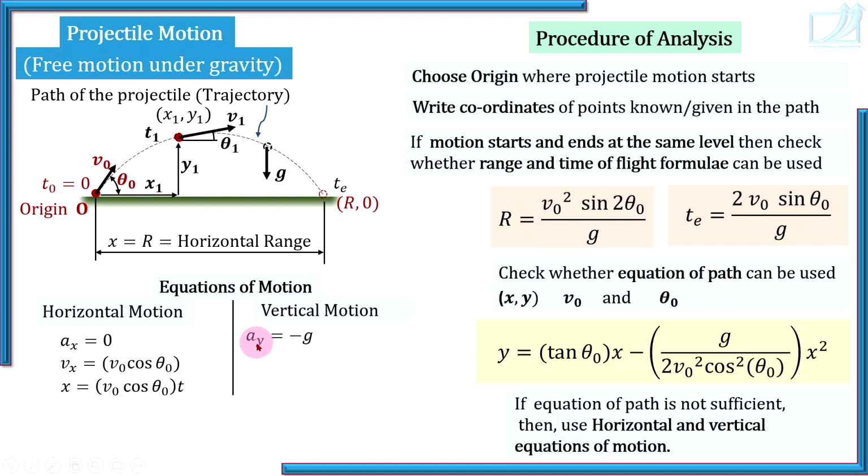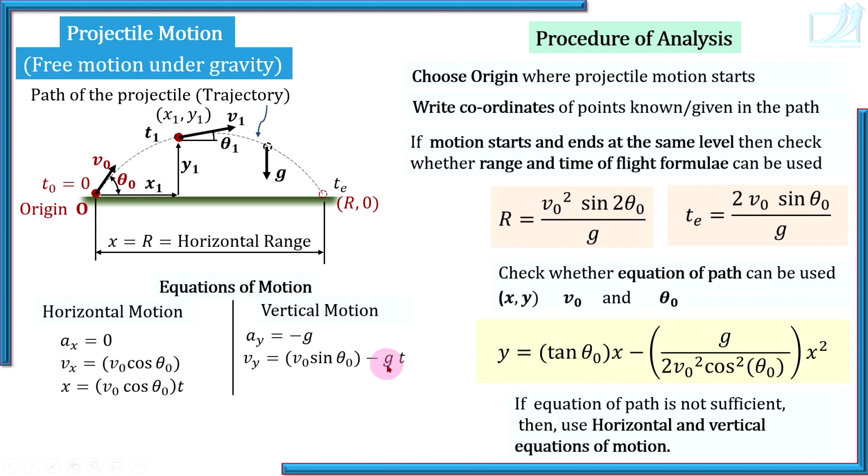Similarly here, ay is minus g, ay is vertical acceleration. So vy, it is vertical velocity, it is v0 sin theta 0 minus gt. This is initial vertical velocity. So v is equal to u plus at, and what is a? Minus g.